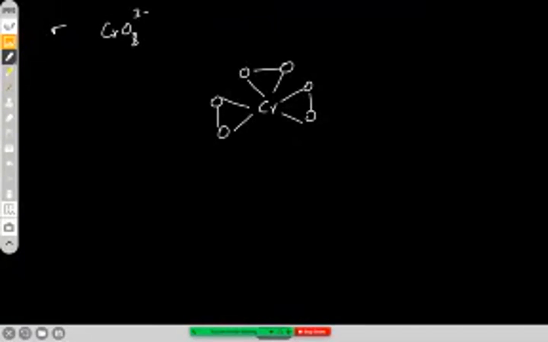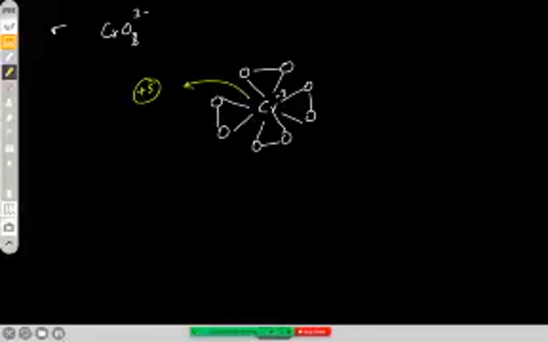The structure is we have chromium, and chromium has -3 charge on it. This -3 on chromium. Now there are 8 bonds: 1, 2, 3, 4, 5, 6, 7, 8. So plus 8 and -3 already we have here. So the oxidation state of chromium is +5 in this. Again it has peroxy linkage.